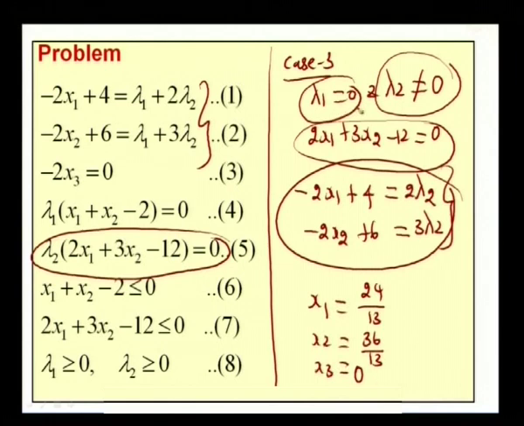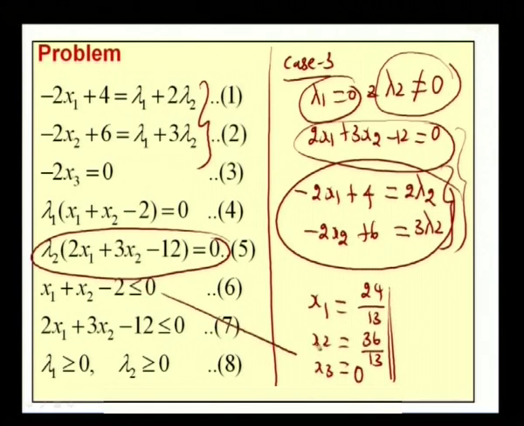For the case lambda 1 equal to 0 and lambda 2 non-zero, we got our solution as x1 equal to 24 by 13, x2 equal to 36 by 13, x3 equal to 0. Now, by substituting these values in this equation, it becomes 24 by 13 plus 36 by 13 minus 2 equal to 0, which becomes 60 minus 26 equal to 0.